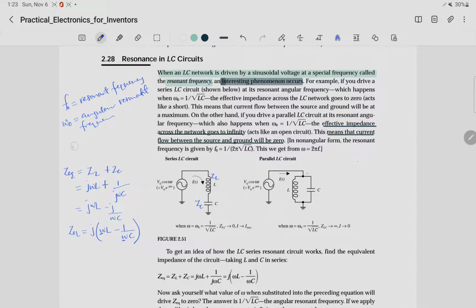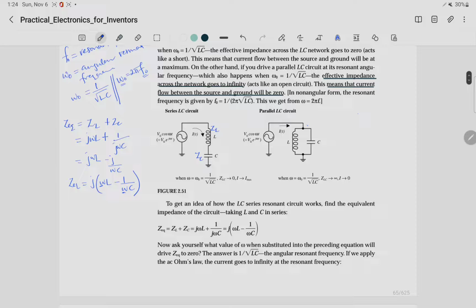Omega naught is equal to 1 over the root of LC. That is for an LC circuit, but omega naught is also the same as 2 pi f naught. So that's the relation between our resonant frequency and our angular resonant frequency.